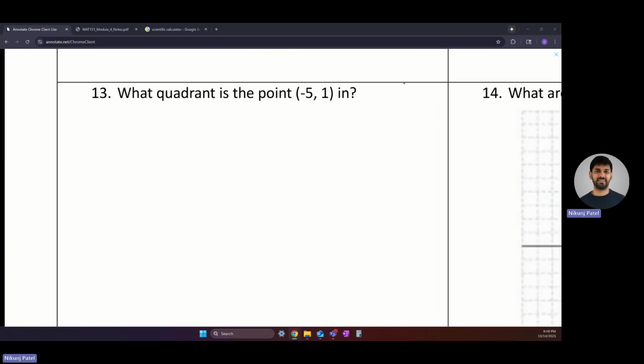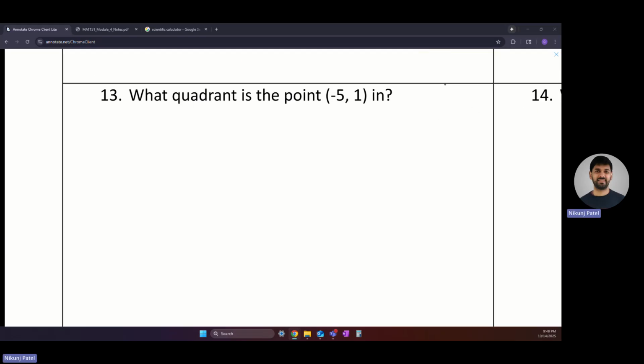Number 13 says, what quadrant is this point in? We talked about quadrants. So just drawing our xy axis again, quadrant 1 is in the top right, then quadrant 2 going counterclockwise all the way around.